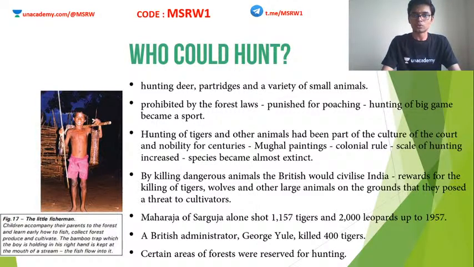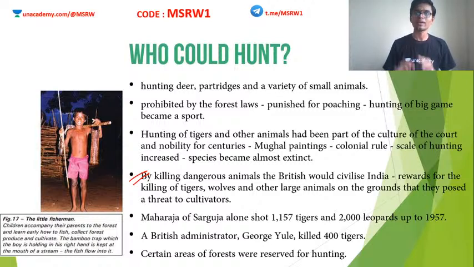Alright, so this is how it was going on. By killing dangerous animals, the British thought that they were civilizing India. The concept of the British at those times was that animals like lion, tiger, leopard, cheetah, wolf, etc. are wild animals, a part of wilderness. They are a mark of the lack of civilization.